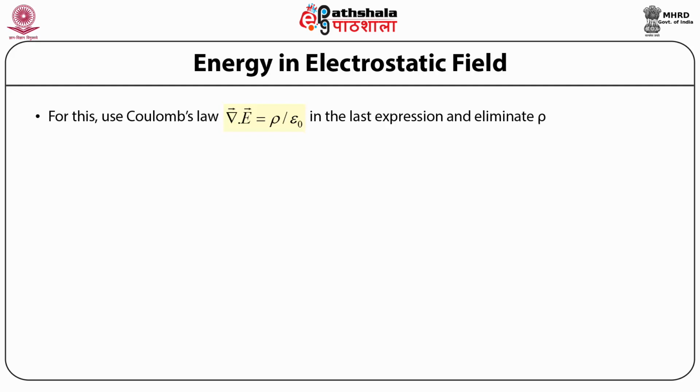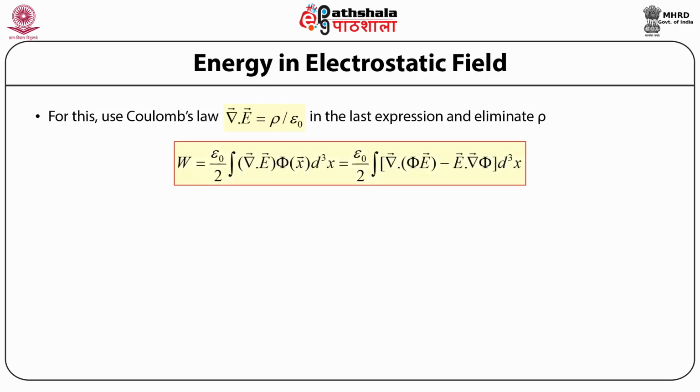So if we replace the rho occurring in the third expression with this Coulomb's law, then the expression for the energy in the electrostatic field gets modified to W is equal to epsilon naught by 2 integral over the volume element d cube x running over divergence of the electric field times the electric potential phi as a function of position vector x.